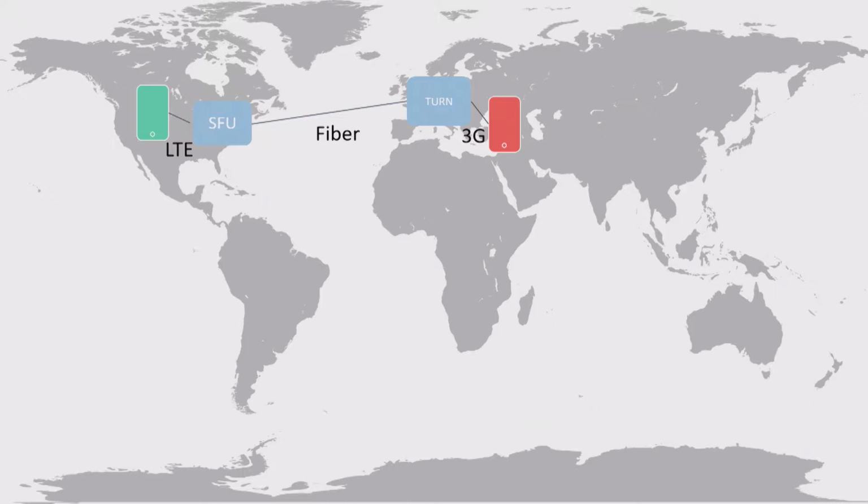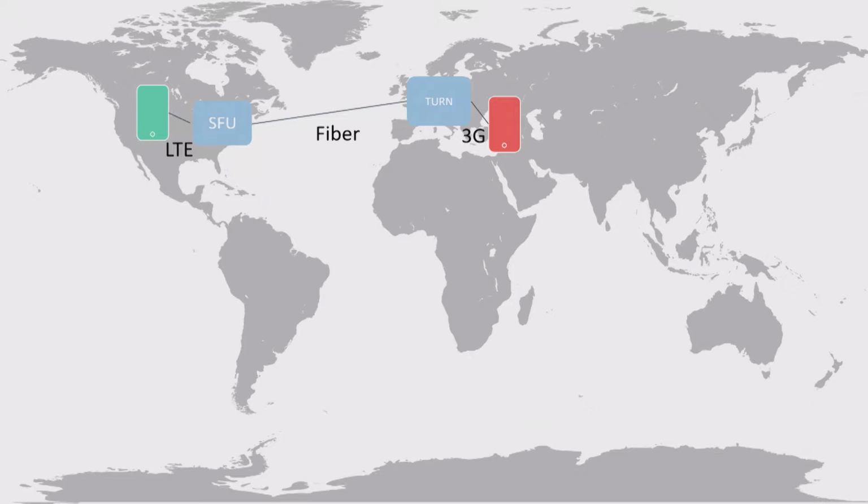There's another benefit to having Turn. Even if the clients are able to connect to the SFU directly, we select an SFU that is closest to the broadcaster. When the broadcaster is going live for the first time, they make a call, and we identify where they are and which server would be the best for them.